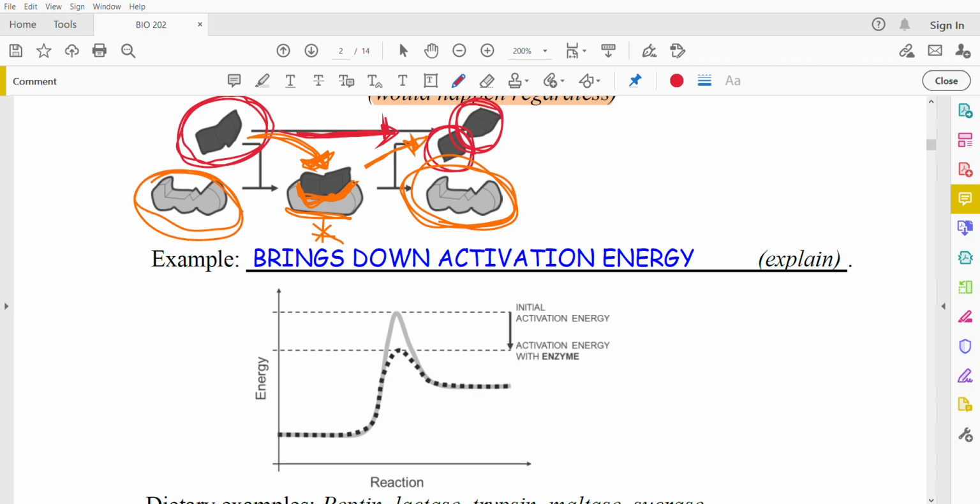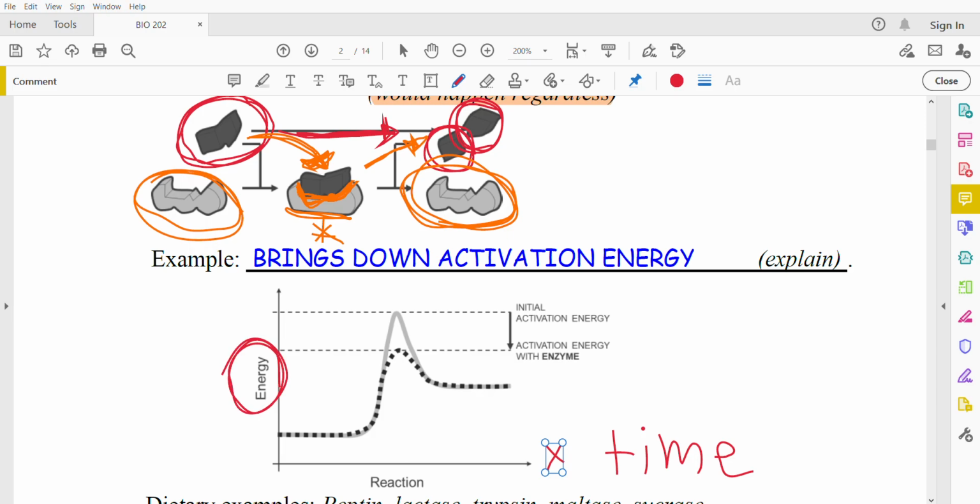So on the x-axis, we would see basically the progress of the reaction. You can consider it also as if it would show us the time, how things progress over time. And on the y-axis, we see the energy needed.